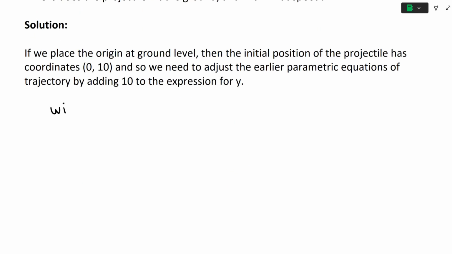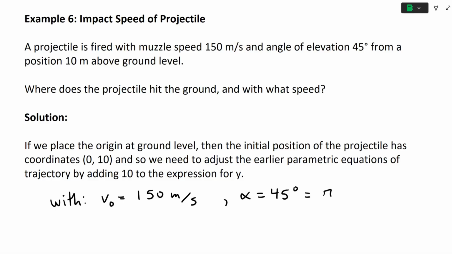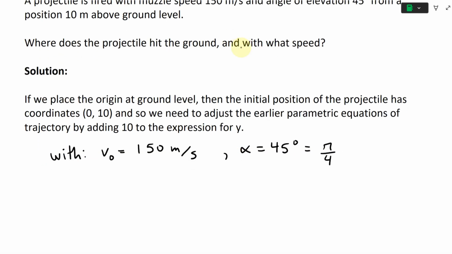Let's write down what we're given. We have v naught, the initial speed, which is the muzzle speed. So v naught is equal to 150 meters per second. Now we have alpha, which is equal to 45 degrees. That's 90 degrees divided by 2, so this is just pi over 4, or pi over 2 divided by 2.